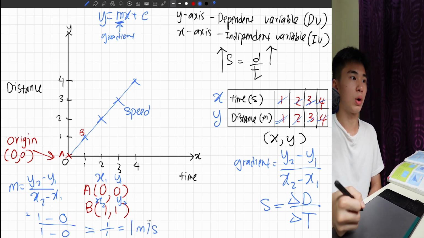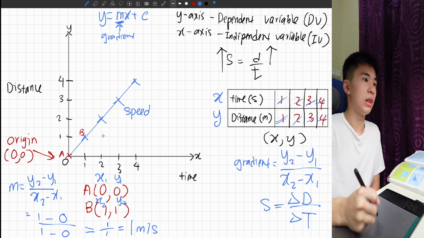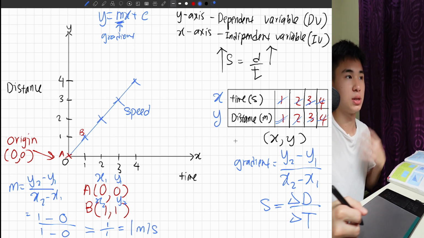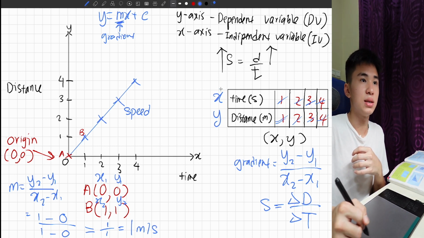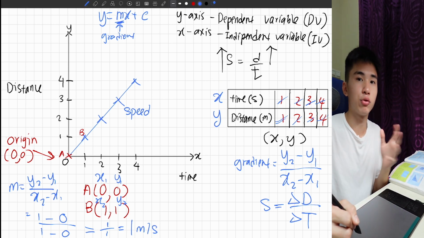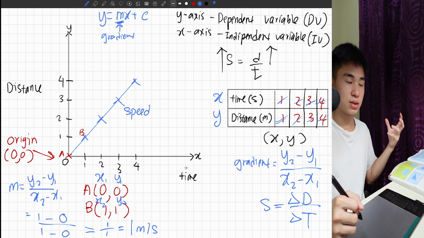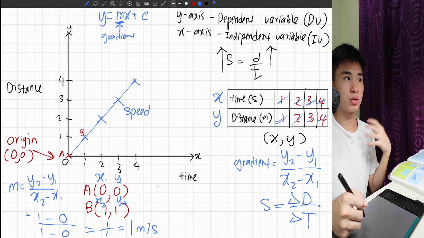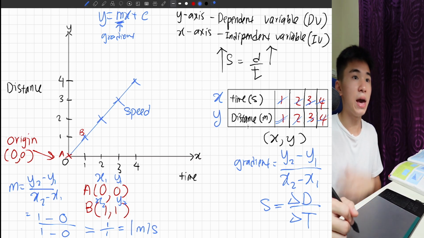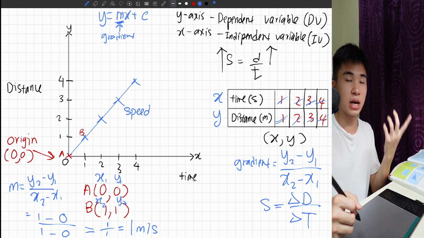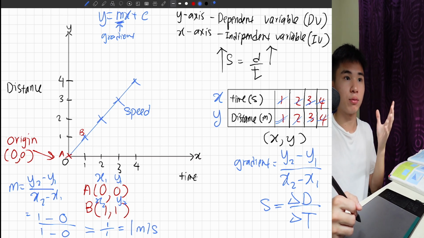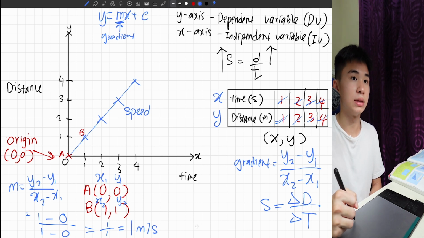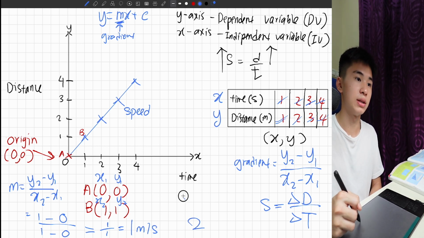If this is about a car traveling, the car is traveling at 1 m/s, which means every 1 second, it will travel 1 meter. In 2 seconds, it will travel 2 meters.